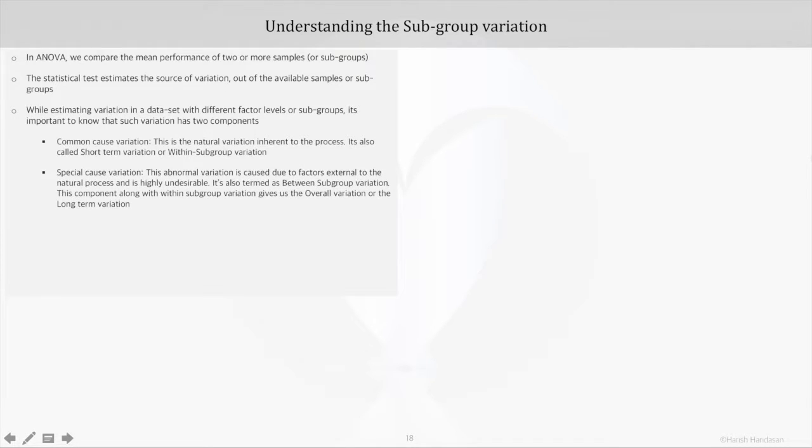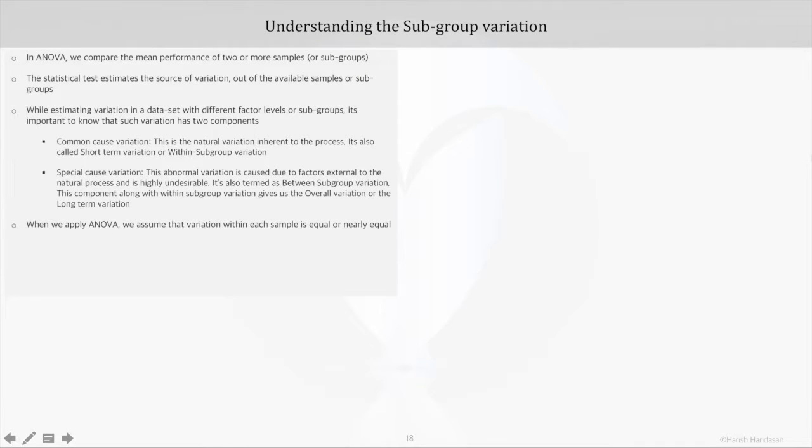Second is when we note some abnormal or unexpected behavior in some of the samples or subgroups, which may have been caused by factors external to the process. Now this variation is called special cause variation or between subgroup variation. So both these components, that is within subgroup and between subgroup, when summed up, give us the overall variance when we are working with subgroups.